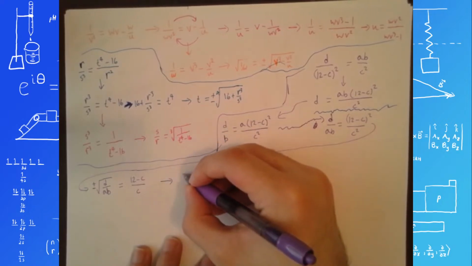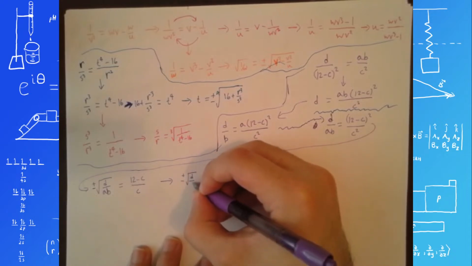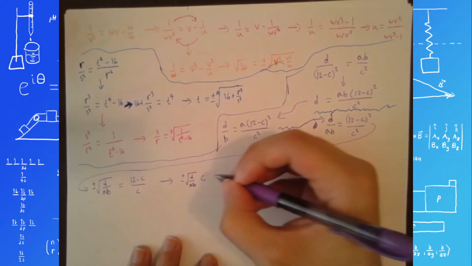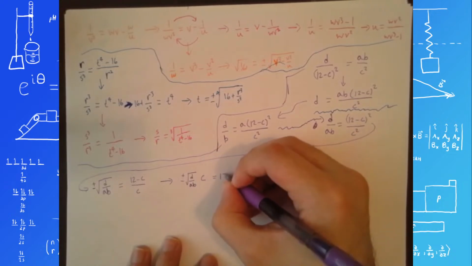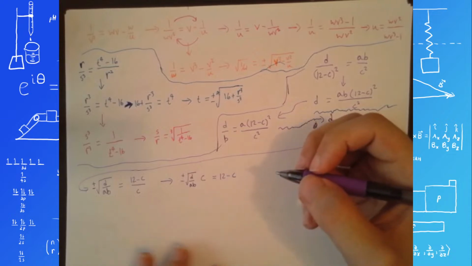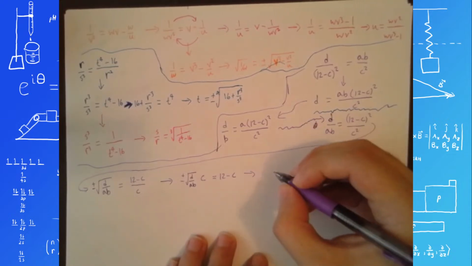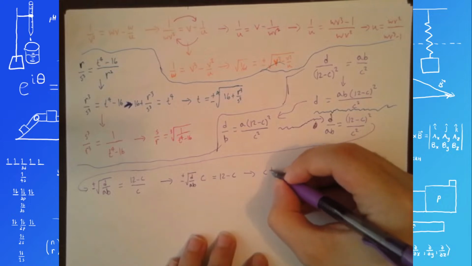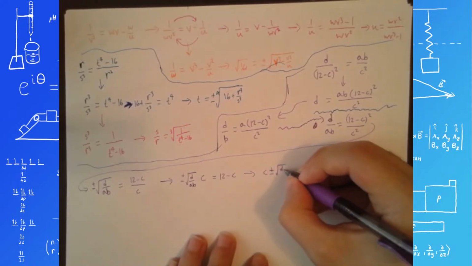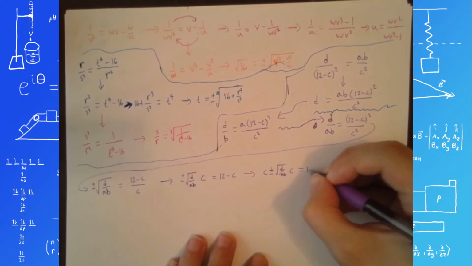And that gives me plus or minus square root of d over ab multiplied by c equals 12 minus c. And add a c to the left, and that gives us c plus or minus square root of d over ab times c equals 12.